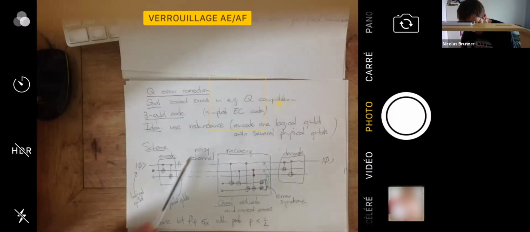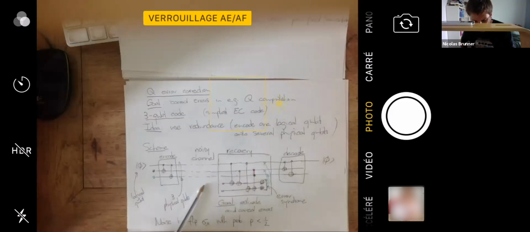And the point is, for these more realistic channels, you can in fact use the same idea, except that you need to add 2 more qubits. So this would now be a 5-qubit code. With this 5-qubit code and very similar things, you can actually correct for both sigma x and sigma z errors, so both bit and phase flips.